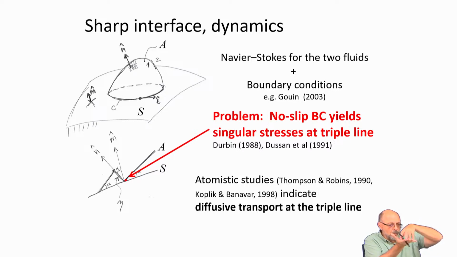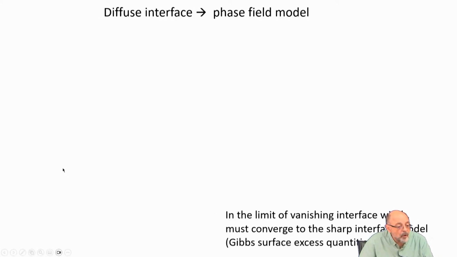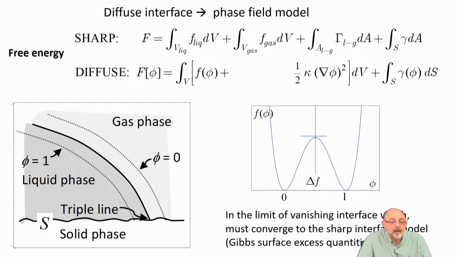But if they move one and then the other and then the other, even if they come into the same position in the end, but they move at different times, that's diffusion. That's diffusive motion, right? Each one jumps over an energy barrier and moves a little bit, and the others follow one by one. So that's what atomistic studies of the motion of the triple line indicate.